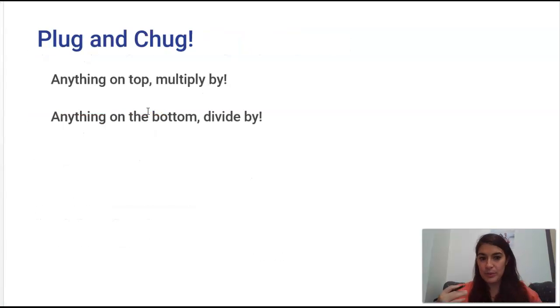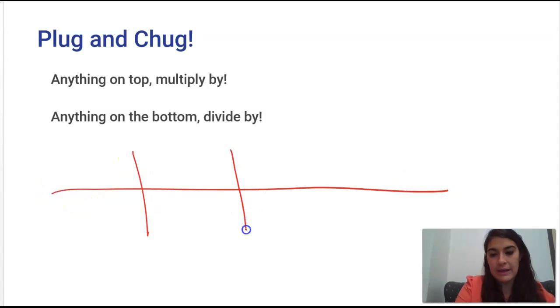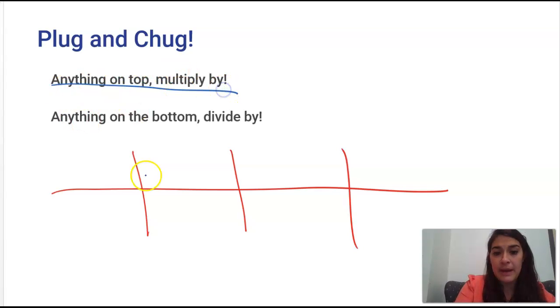Then you're going to put this stuff into your calculator. So again, you're going to end up with these kind of long looking things like that, okay, where you have all these different conversion factors put together. Anything on the top, you multiply by. So times, times, times. Anything on the bottom, you divide by, okay? And so on the bottom, divided by, divided by, divided by.